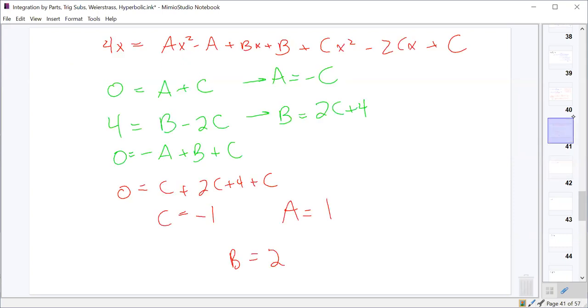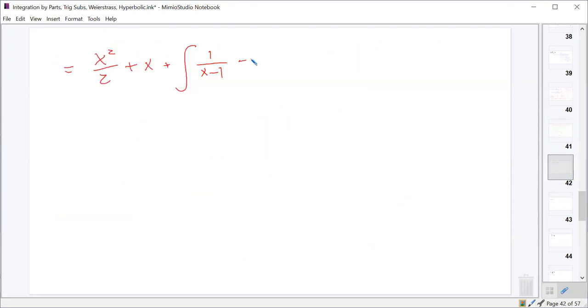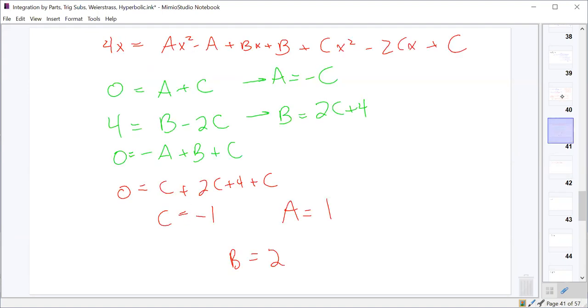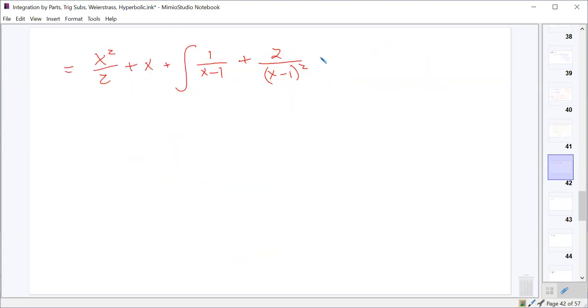And b was 2, so 2 over x minus 1 squared. And c was negative 1, so negative 1 over x plus 1. So we'll say minus 1 over x plus 1. Good or no?